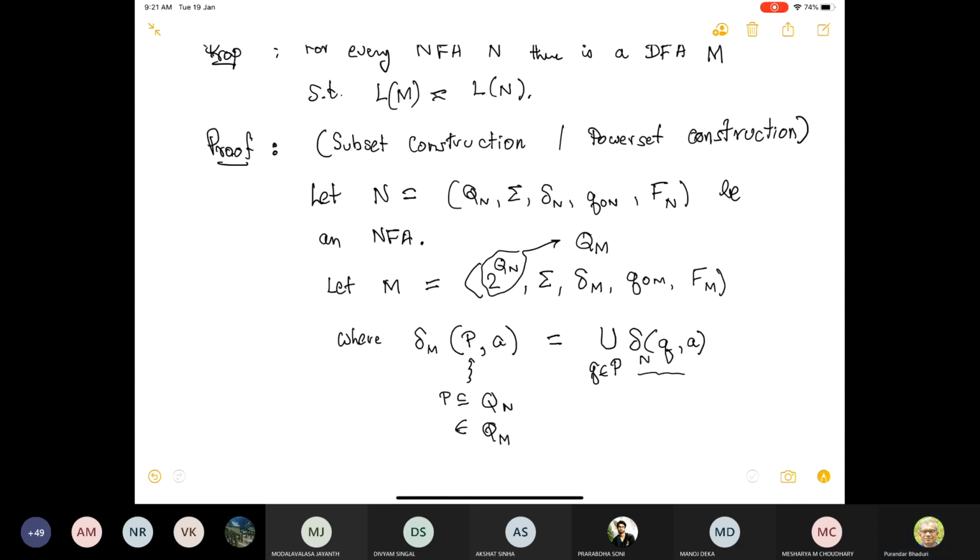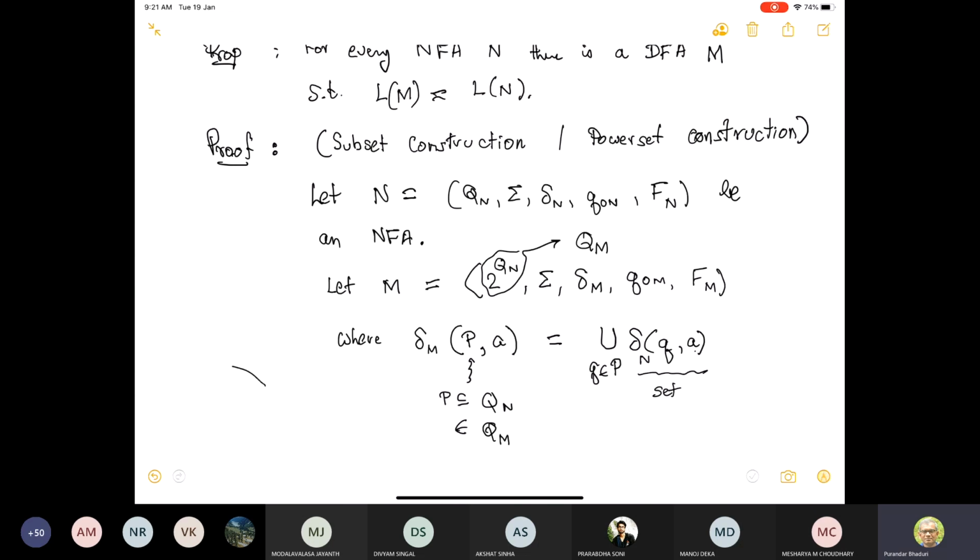And remember, this is a set for every q and a. Delta_N(q, a) is a set because N is a non-deterministic automaton. So take the union of all those sets as q ranges over P, right?